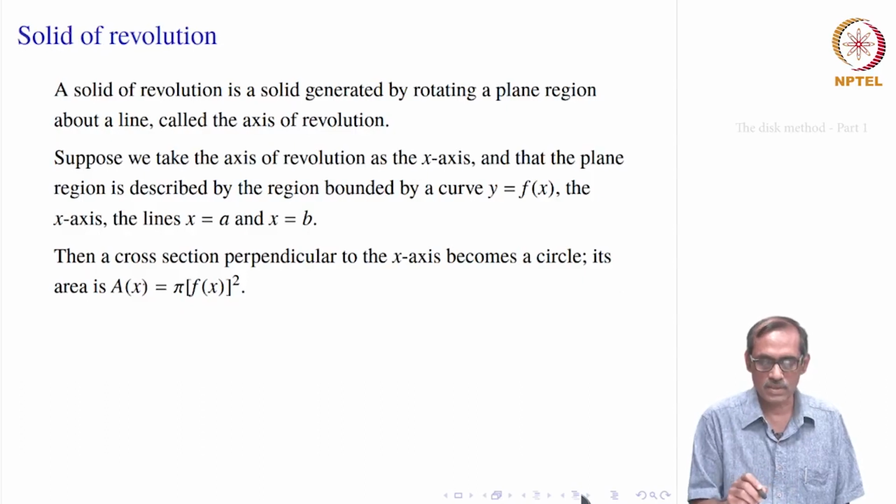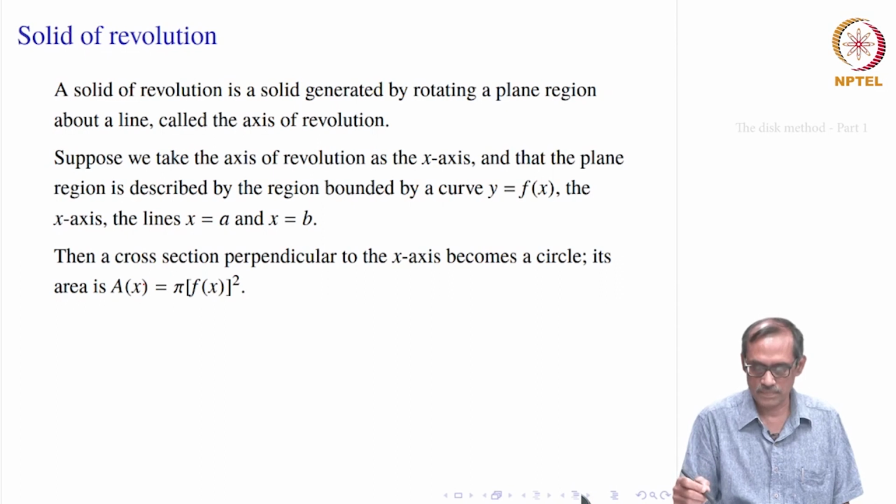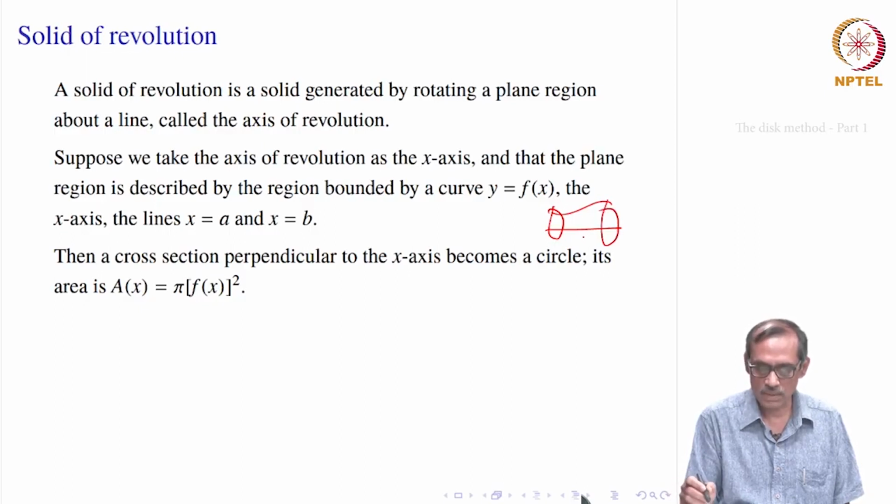First we take a cross section perpendicular to the x axis, since we want to use the slice method. Once you have a solid of revolution here, we take a slice here. That means you take any cross section perpendicular to the x axis. That is our x axis now. At any point x, you take the area of this cross section.